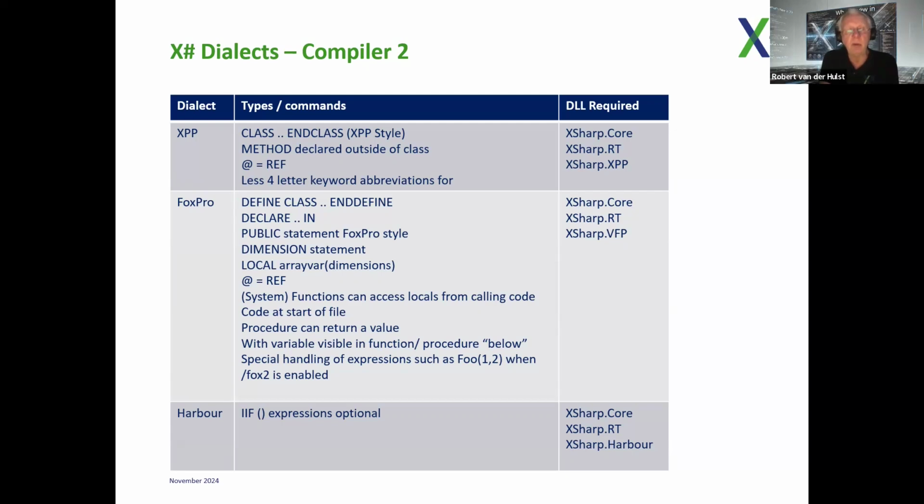In theory, in Harbour, you can even have an IIF with a logical condition and no expressions at all. It doesn't make sense, but Harbour allows it. We allow it too, but your code still doesn't make sense. Unless, of course, the logical expression that you evaluate has side effects, because then it does make sense, but then you can just call the logical expression without the IIF.